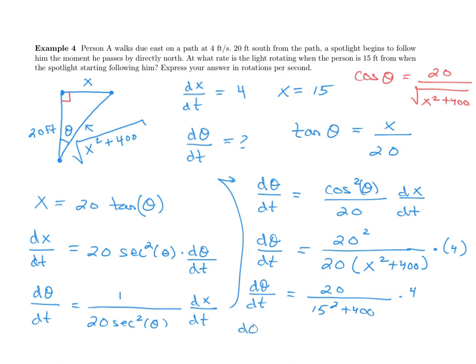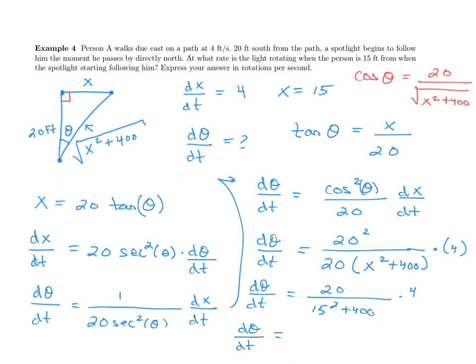All right, so dθ/dt is, I'm going to do this in my calculator, but we have, let's see, 15 squared plus 400, that's 625. Then we have 4 times 20, which is 80.